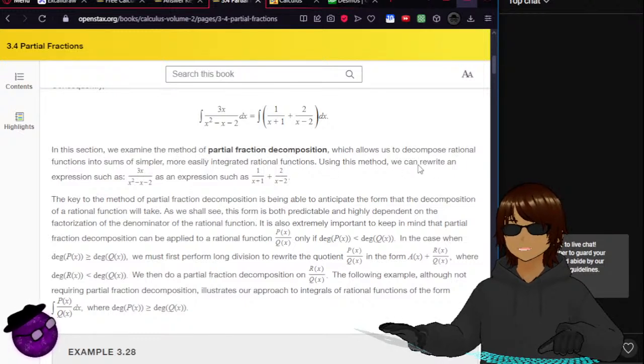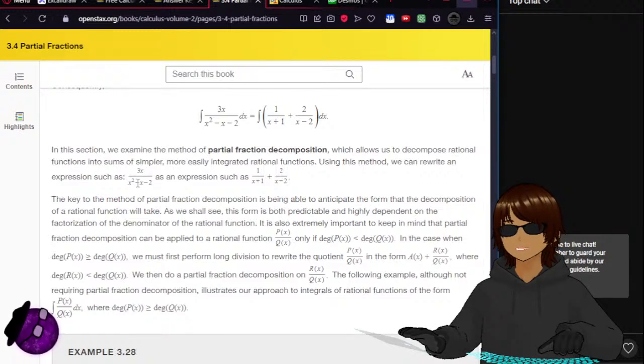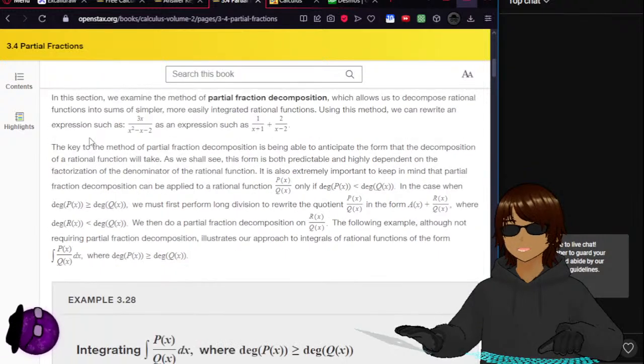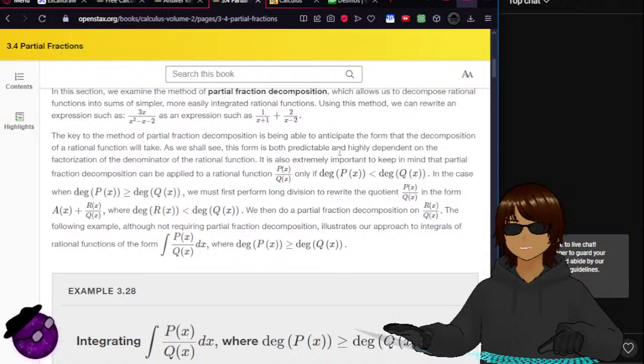Using this method, we can rewrite an expression such as 3x over x squared minus x minus 2 as an expression such as 1 over x minus 1 plus 2 over x minus 2. The key to the method is being able to anticipate the form that the decomposition of the rational function will take.